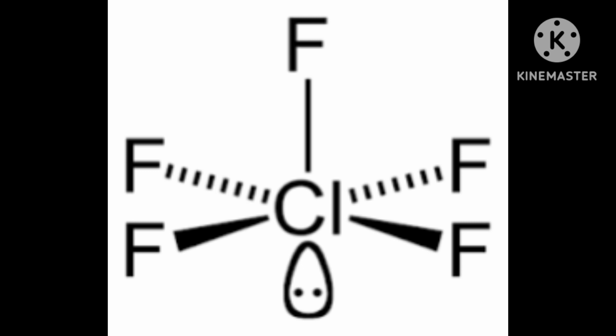Both are red solids, but one is ruby red and the other is brown red. Brown red solid is the beta form, and ruby red solid is the alpha form. And the next compound is IBr. This is a black solid.